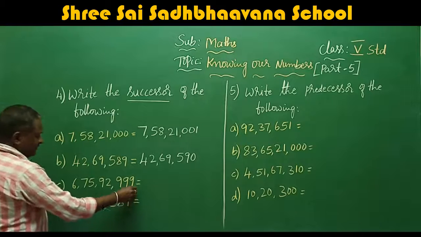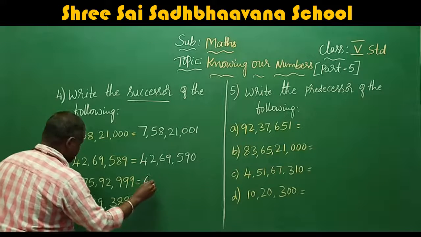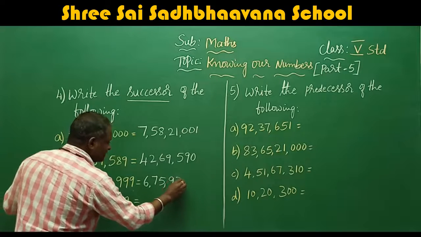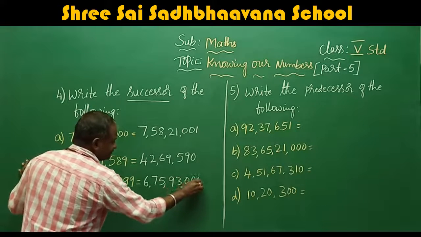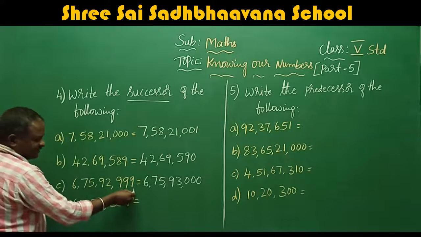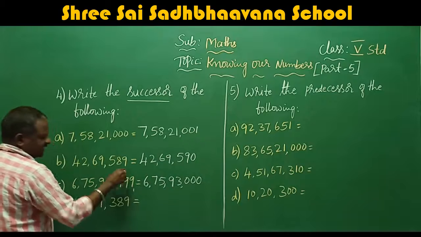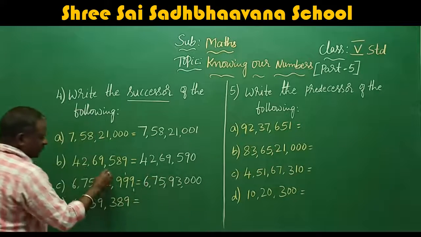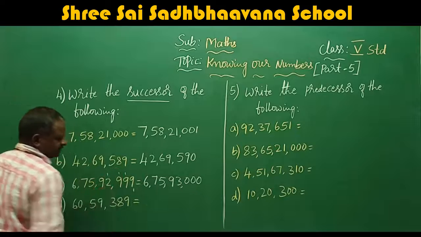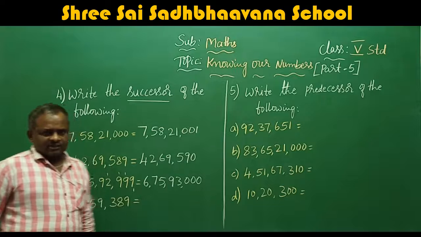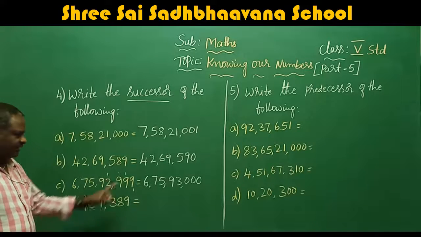When you add 1, it becomes 6 crore 75 lakhs 93,000, because 9 plus 1 becomes 0, carry 1, 0, carry 1, 0, and 2 plus 1 is 3. No doubt in this.